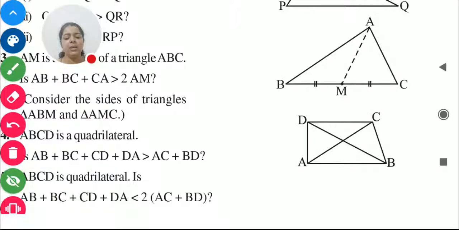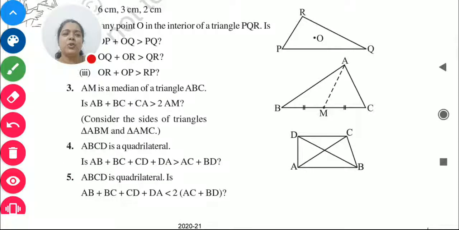Which two lines we have to take, which will make it perfect. So we need to think that it should come with AC also, it should come with BD also. We need to think of that and then only we can solve it. So why don't we take this and this? Can we take this or not?